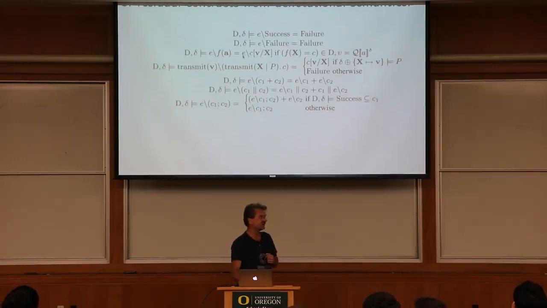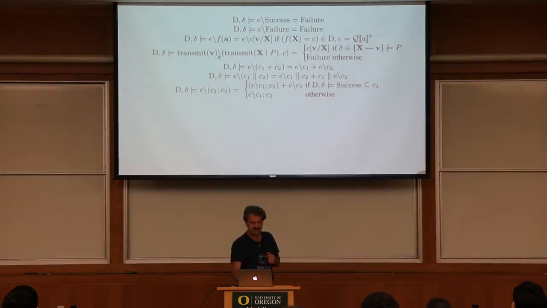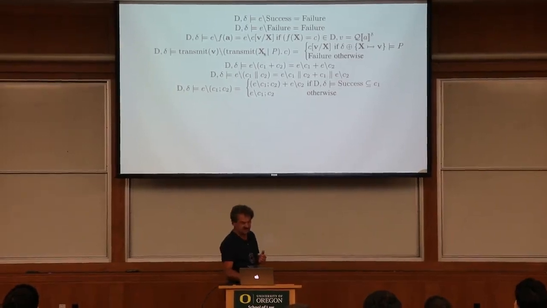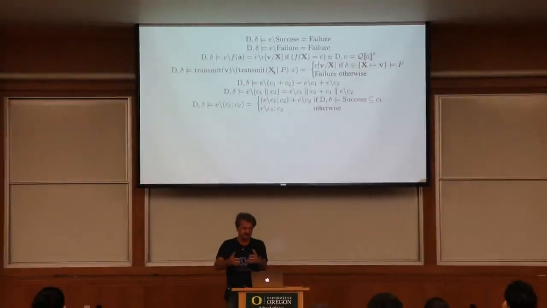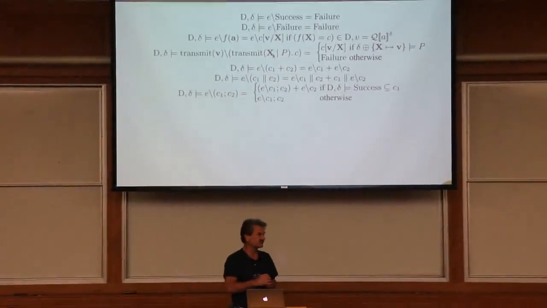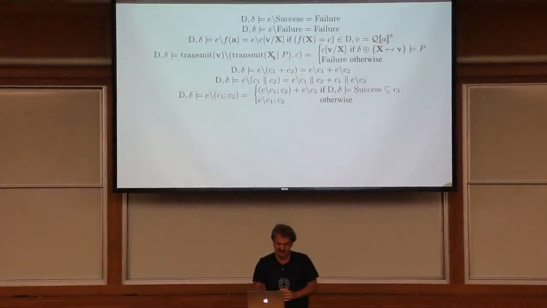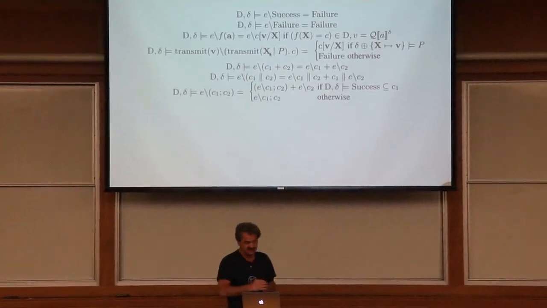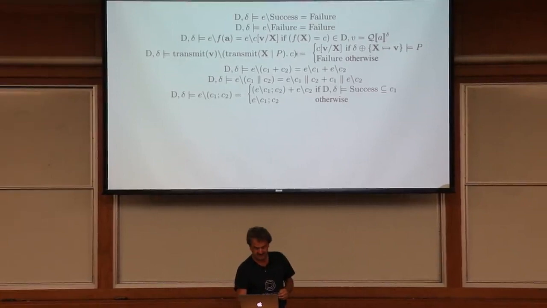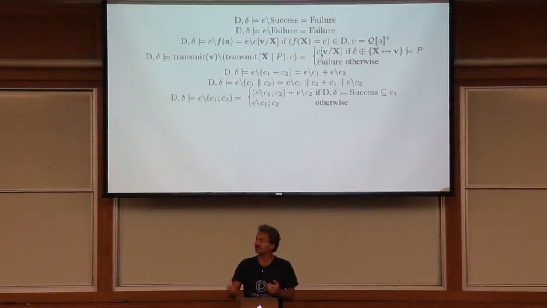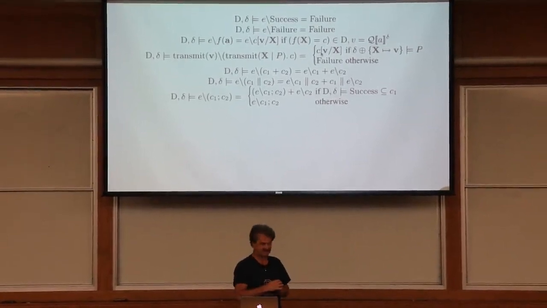So we look in the body of this one. And if we have a transmit event, then we'll do what is not surprising. Namely, this matches only against the transmit event in the contract. If we had other ones, it wouldn't match. And we bind the X to the V, and we have a continuation. So the residual contract is just C with the V's bound to the free variables X.